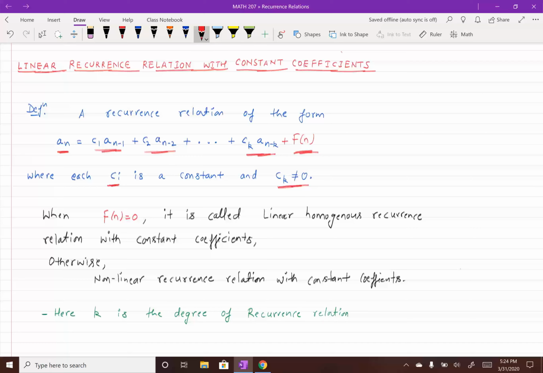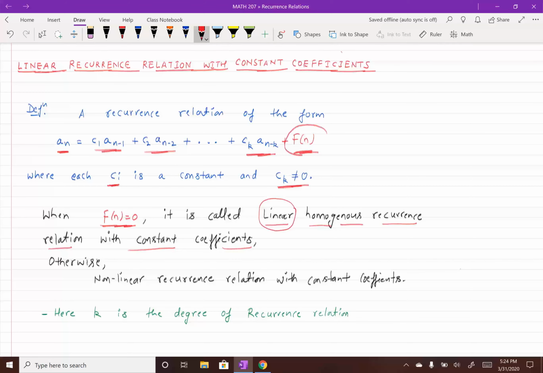Now, based on this f of n function, if f of n is equal to 0, then it is called a linear homogeneous recurrence relation with constant coefficients. Since each term is linear here, we say it is linear.